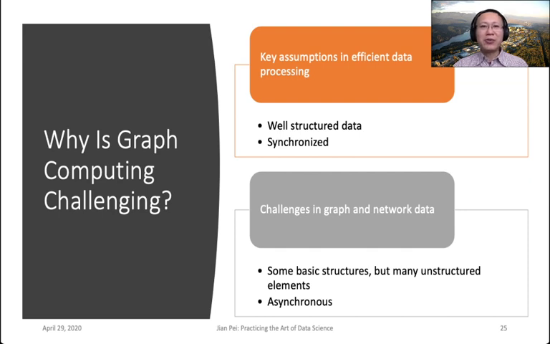Unfortunately, in graph mining, neither of those two assumptions holds. Although graphs have some basic structures like vertices and edges, there are many unstructured elements. And moreover, graph data can come in a highly asynchronous way. Edges can be added and deleted all the time, and nodes can be joining and leaving a graph all the time.